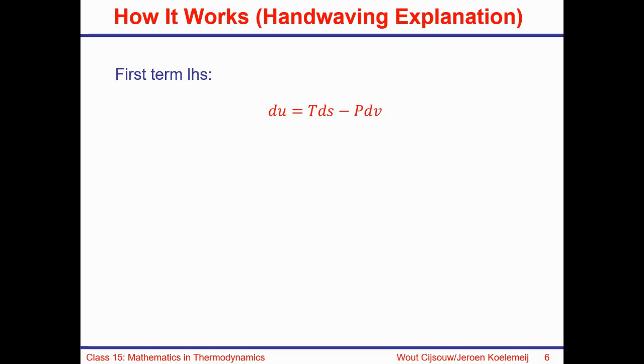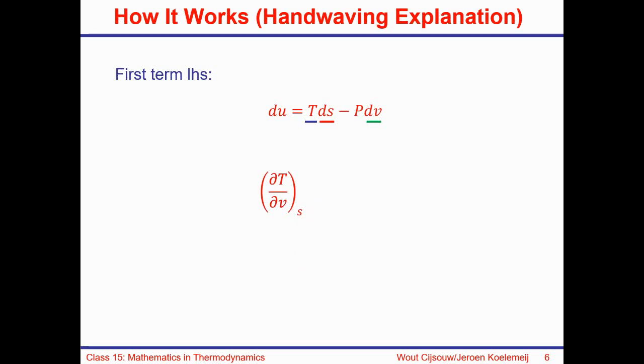And let's take a look here at the first term of the left-hand side of this equation. I'm going to take a partial derivative of T with respect to the other variable. So not the variable in the first term, but the variable of the second term, something like this. And I'm going to do this for a constant entropy, like this.